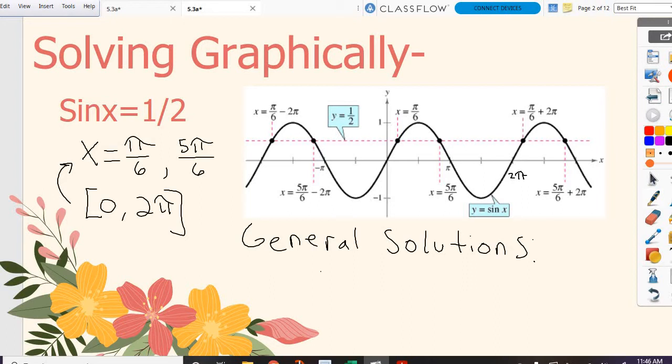So we have pi over 6 plus 2 pi. But how could I make it to where I can add or subtract as many 2 pi's as we needed? So there I added 1 2 pi. Then I could add 2 2 pi's. Then 3 2 pi's.